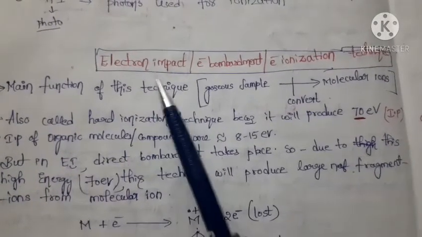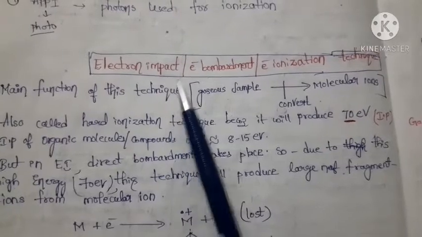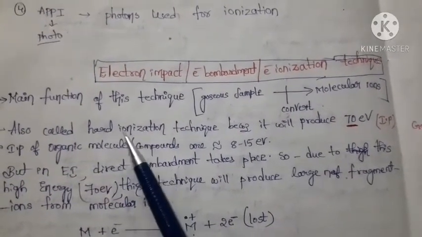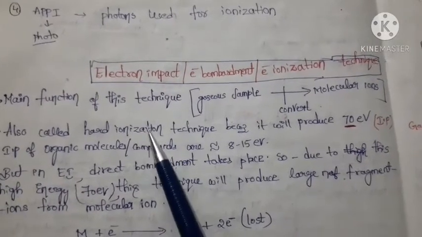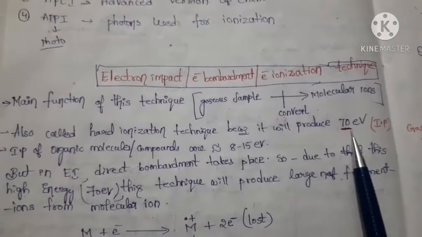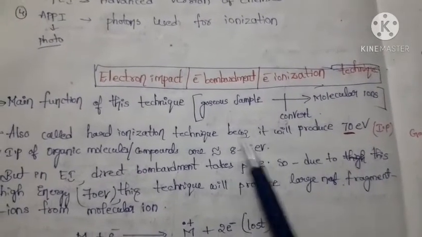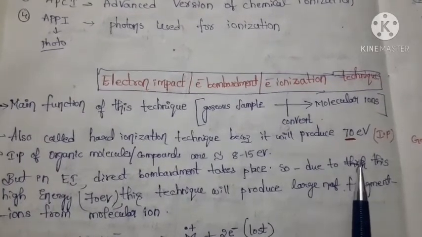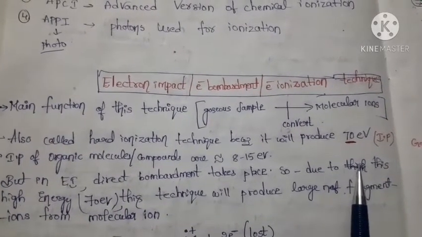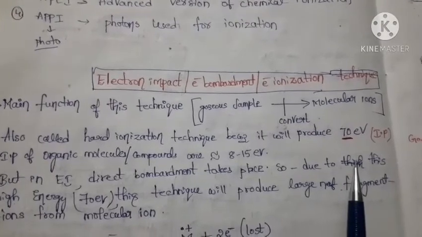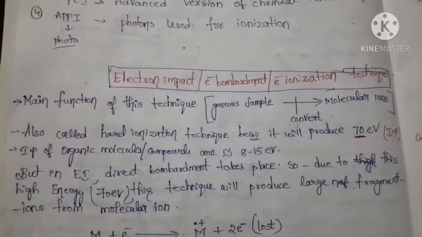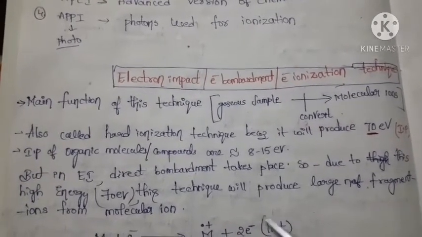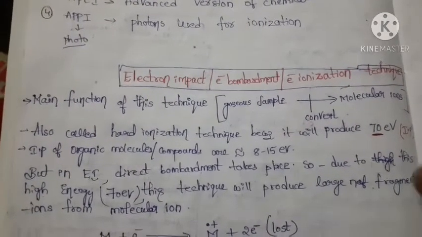In our previous class we discussed hard ionization techniques and soft ionization techniques. This electron impact ionization technique comes under hard ionization techniques because it will produce 70 electron volts. I think you have an idea about ionization potential, or ionization energy, or ionization enthalpy. Ionization energy is the energy required to remove an electron from the outermost orbit.